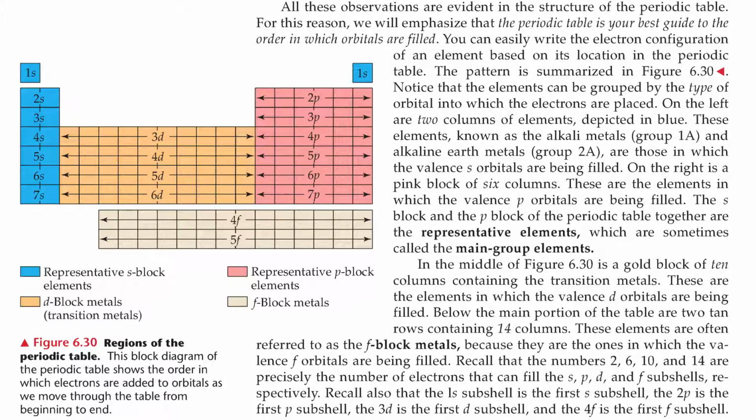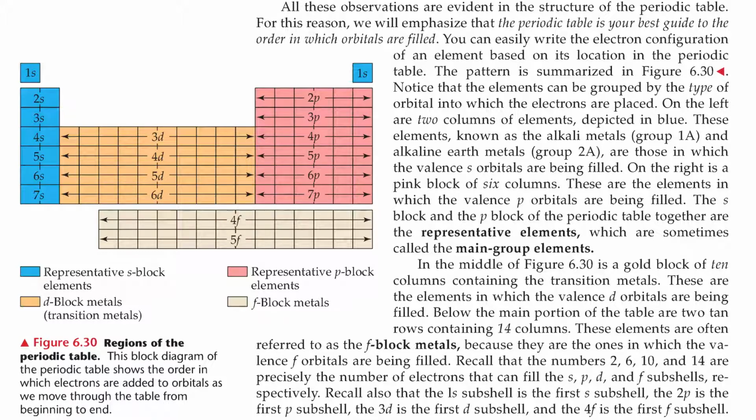These are the elements in which the valence p orbitals are being filled. The s block and the p block of the periodic table together are the representative elements, which are sometimes called the main group elements. In the middle of Figure 6.30 is a gold block of 10 columns containing the transition metals. These are the elements in which the valence d orbitals are being filled.